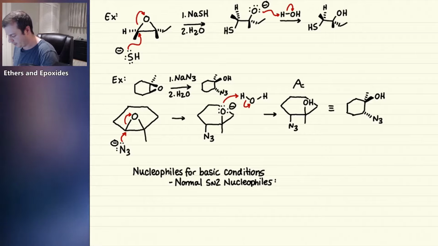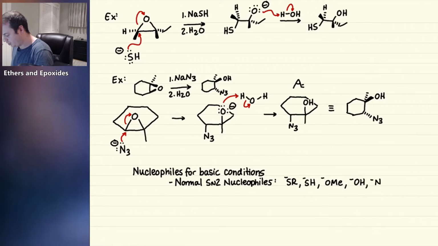You could have things like deprotonated sulfur anions, deprotonated oxygen anions, deprotonated nitrogen anions. We could even have things like cyanide or deprotonated alkyne.